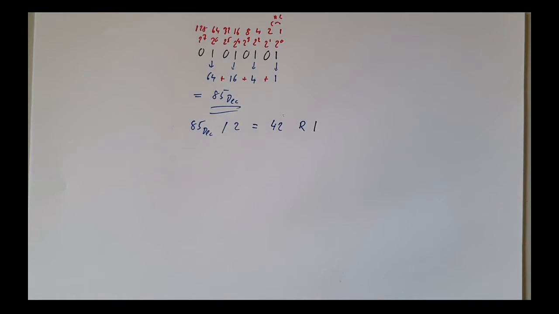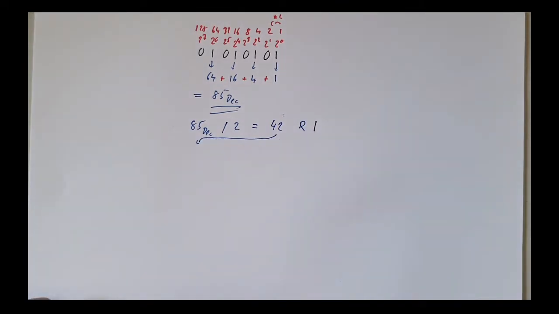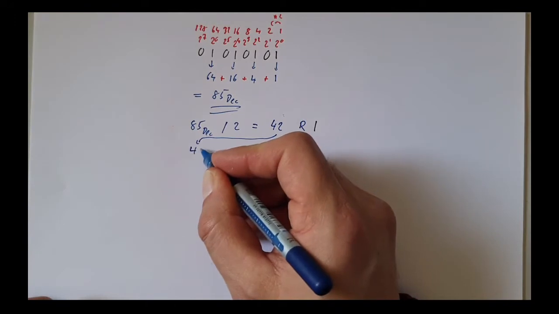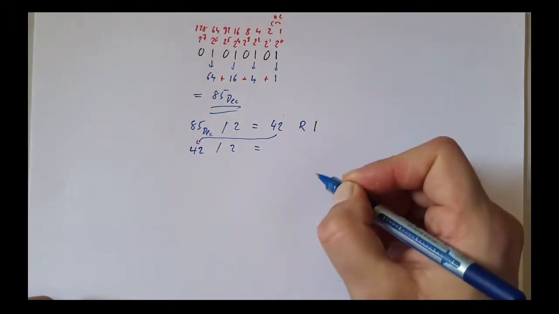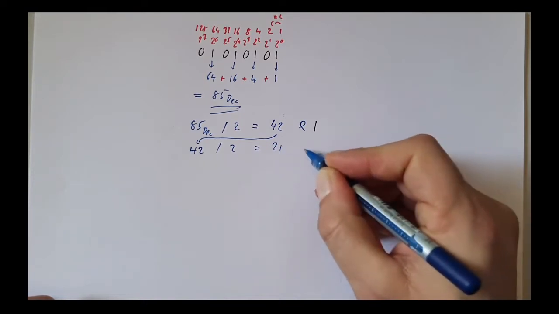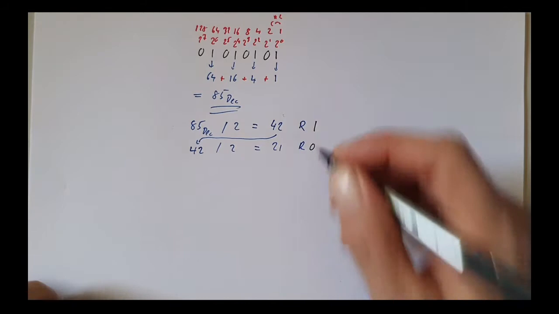It's an integer division, so you have no fractions. And you always take the next decimal number and divide it by 2. So 21, rest 0.